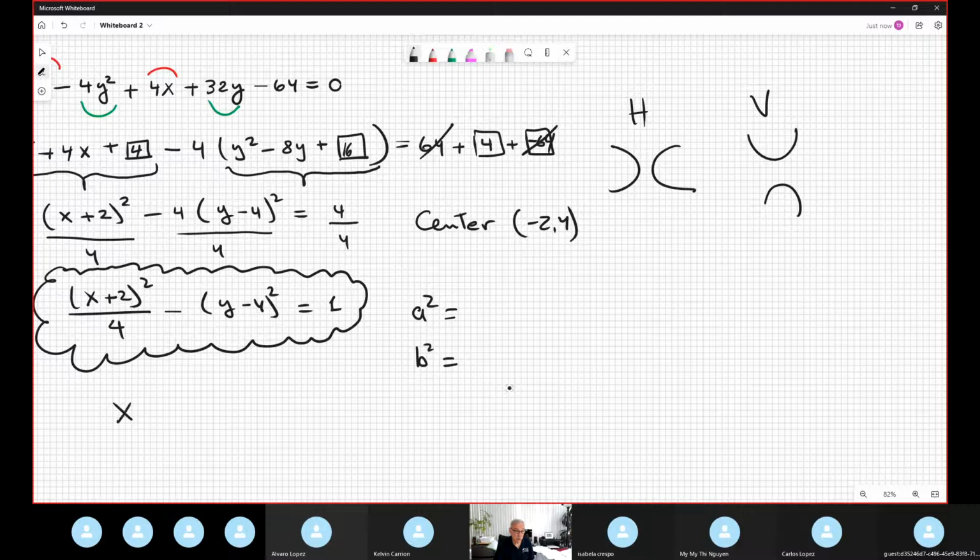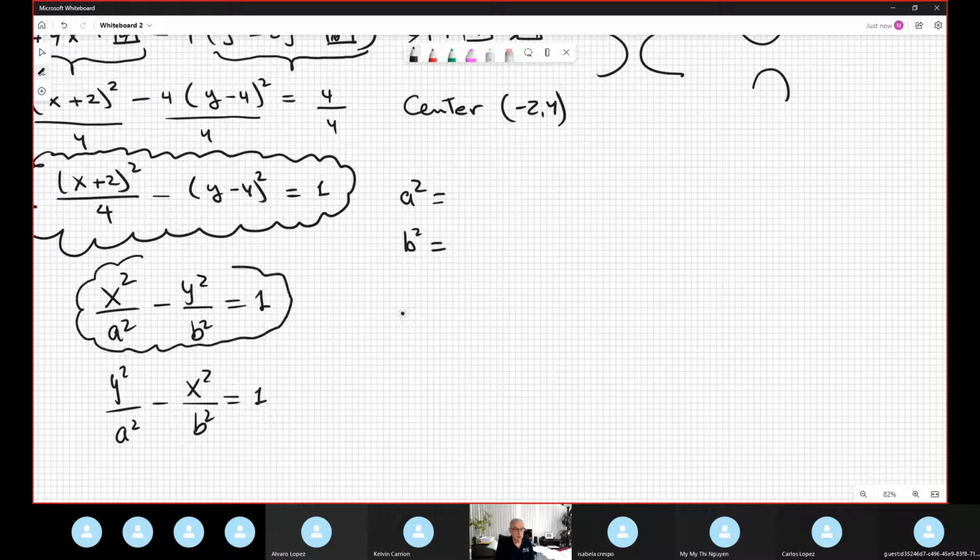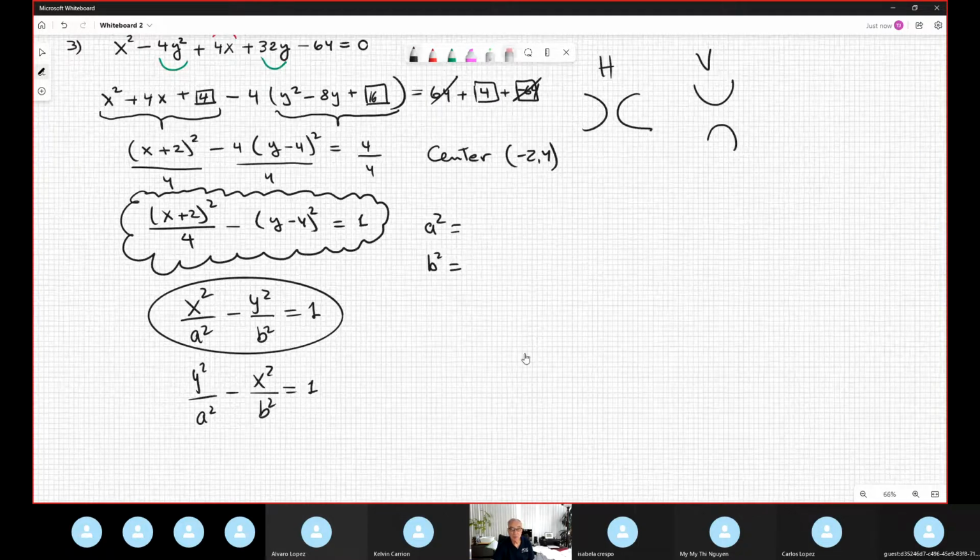We have this x squared over a squared minus y squared over b squared equal 1. We have another option, which is y squared over a squared minus x squared over b squared equal 1. So it is obvious that our example corresponds to the first. Because x is squared, but it's important that it is the positive in the hyperbola. Okay, so I agree with you that it is a horizontal hyperbola, not vertical.